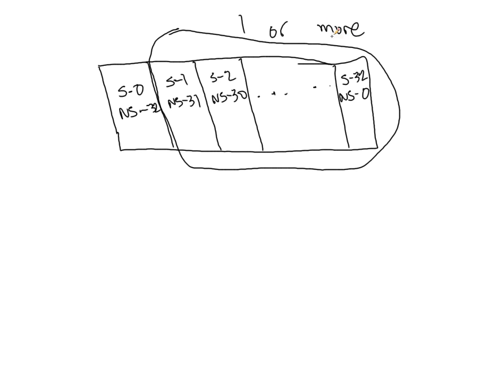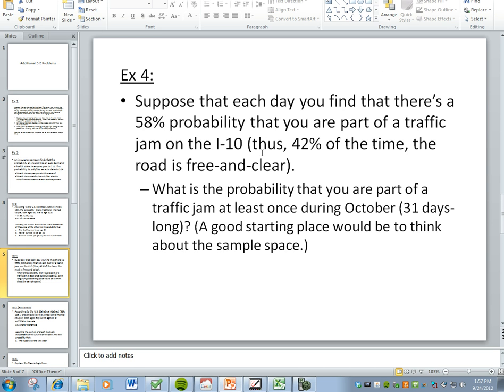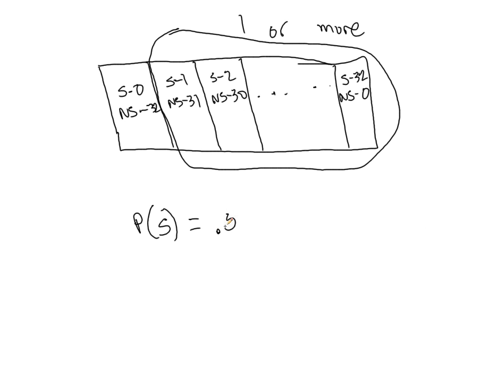That's a hard thing to come by because if you look at getting stuck in just one traffic jam, that could be on any one of the 31 days. So I've got to take that into account. I know that the probability I get stuck is 0.58.